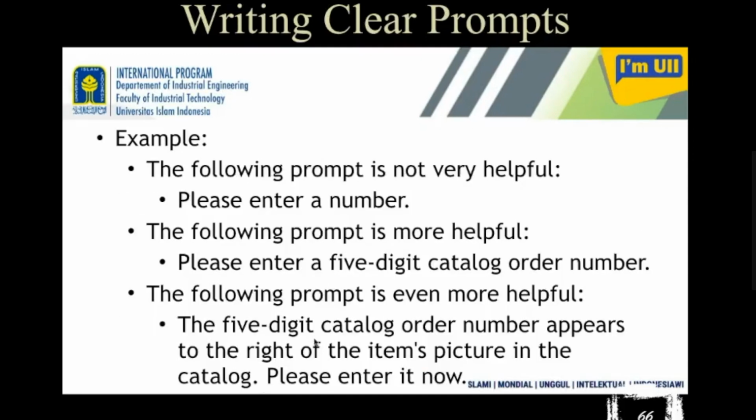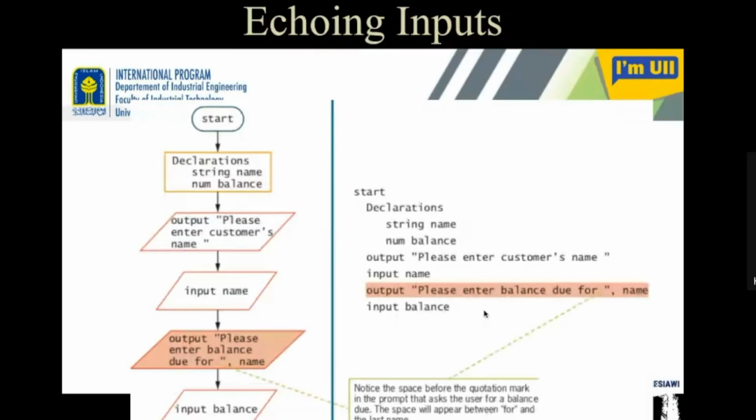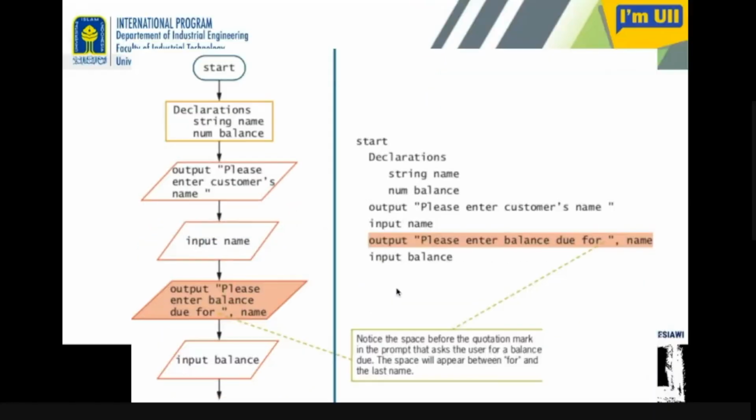For example, you might write please enter a number, or please enter a 5-digit catalog order number. A 5-digit catalog order number appears to the right of the item's picture in the catalog, please enter it now. The more detailed the prompt, the better it is for the user. Another important point is echoing the input.